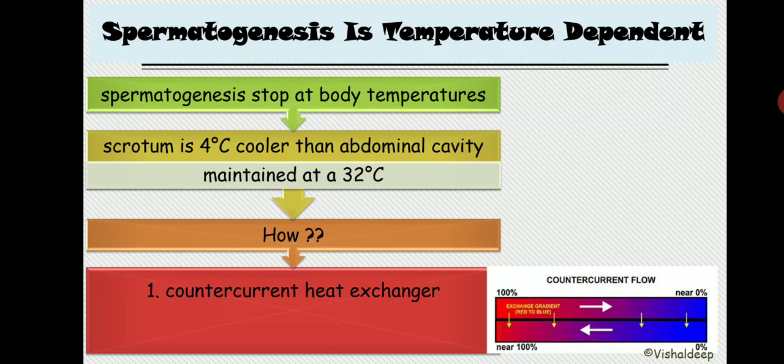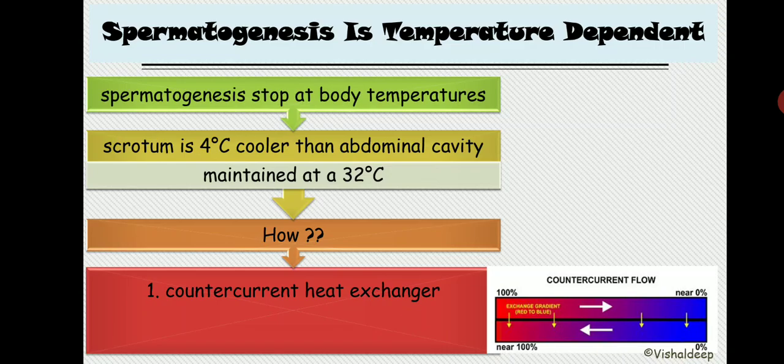It does not let the temperature of the scrotum increase more than 32 degrees, right? Situations that increase the heat around the testis in humans, for example a hot bath, or wearing an athletic supporter that holds the scrotum close to the body, will reduce the sperm count, in some cases by up to 90%.